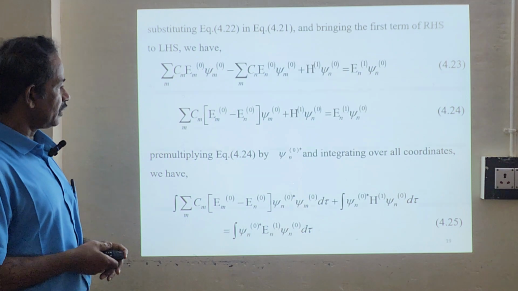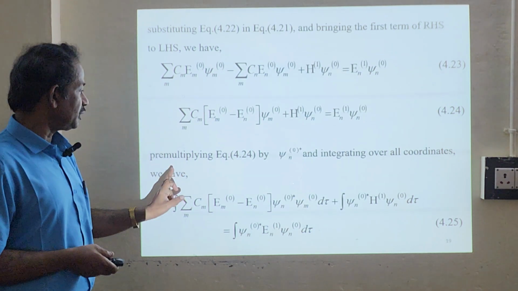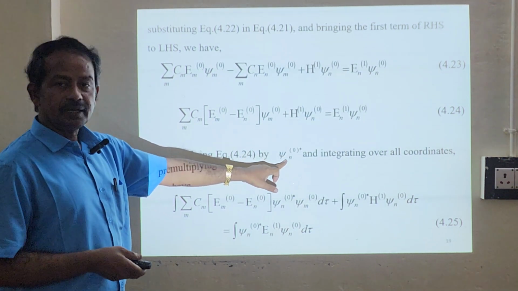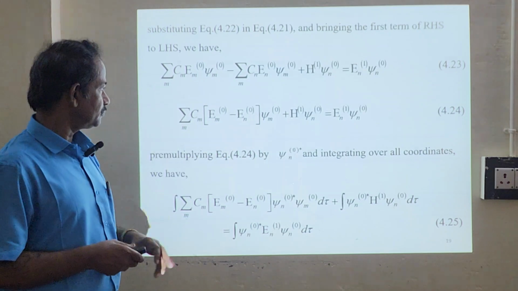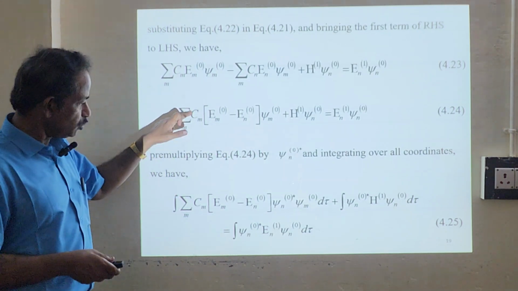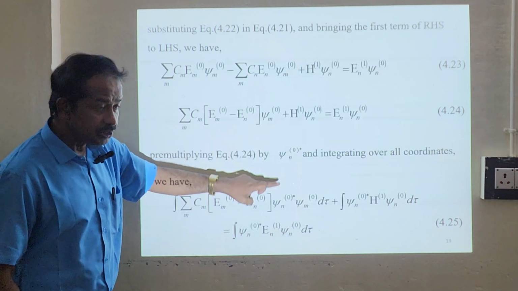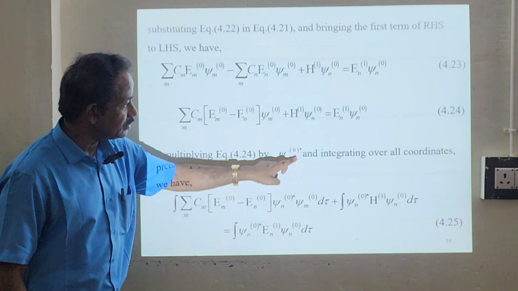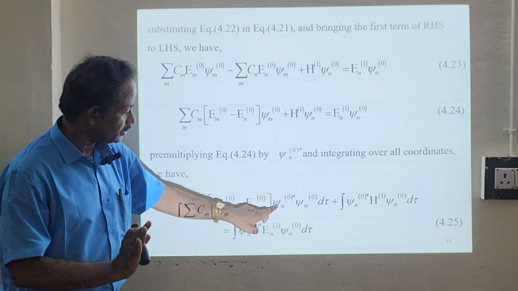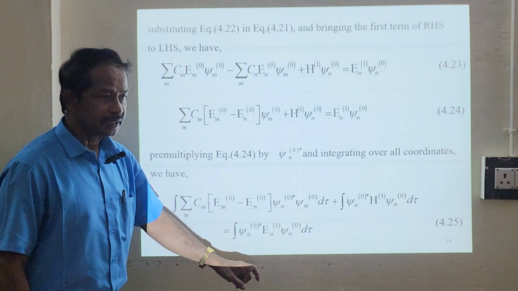Is it okay? Now you just pre-multiply by the complex conjugate of psi n 0. So we have Cm, Em minus En, and we pre-multiply with the complex conjugate of psi n 0, so we will have bra psi n 0 with ket psi m 0.